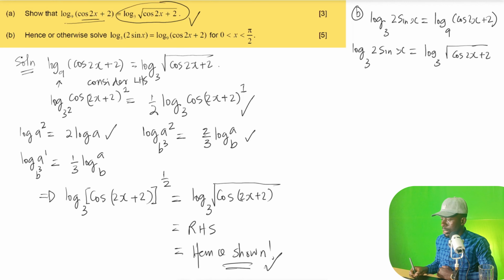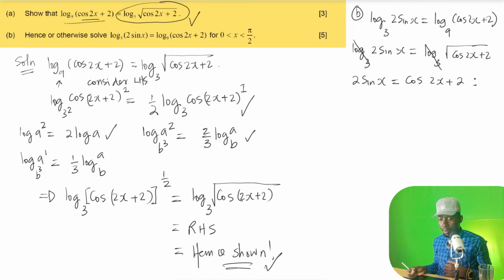So this and this get cancelled, and what are we remained with? We are remained with 2 sine x equals cosine 2x plus 2. So now we have to convert this cosine 2x.